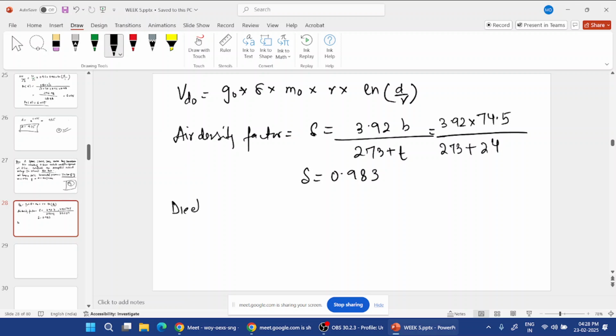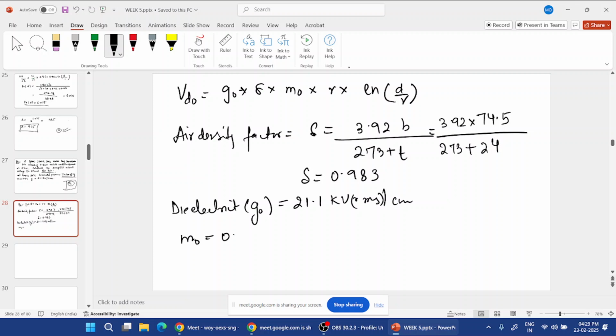Okay, now dielectric strength is given, which is G naught, it is 21.1 kV in RMS. So we don't have to change any other value. Surface irregularity factor is 0.97.